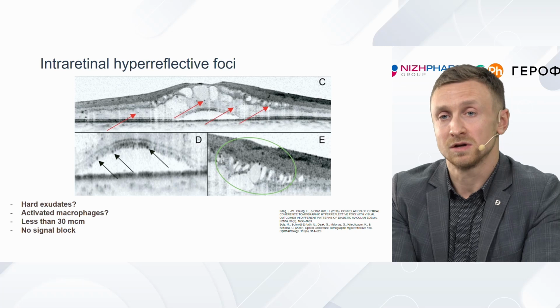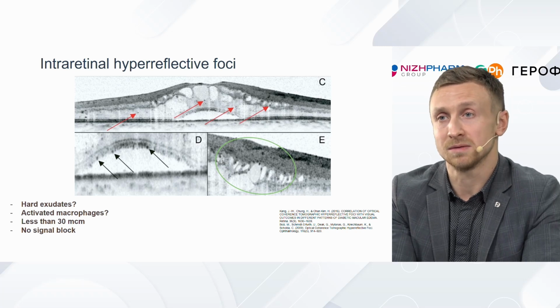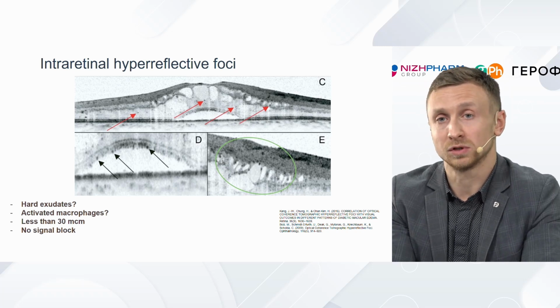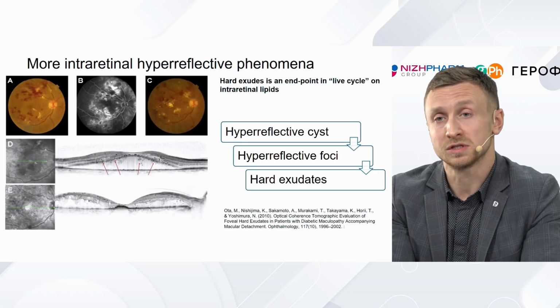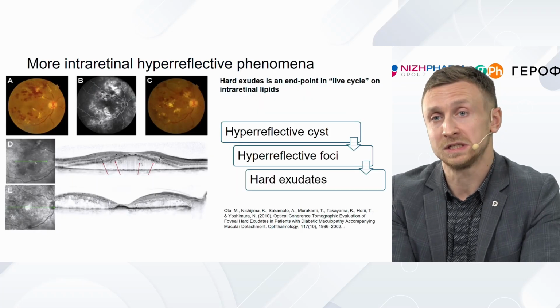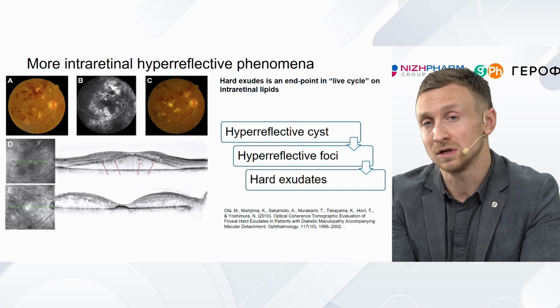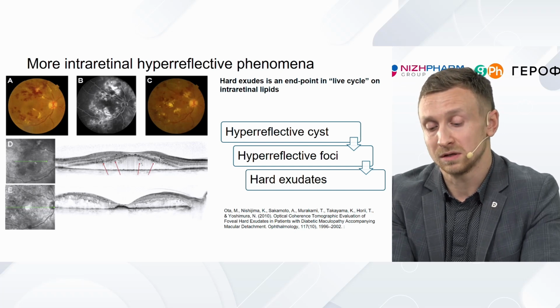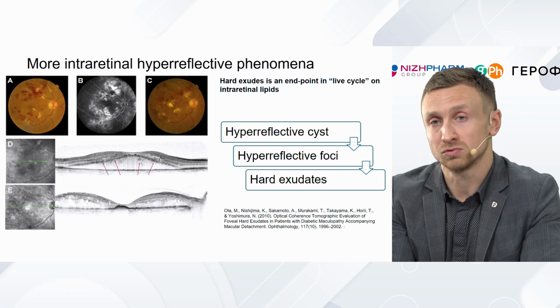But here we need to be cautious and not to miss them with initial depots of hard exudates, that is in the chain from hyperreflective cysts, then foci of larger diameter, and finally it's hard exudates depot.